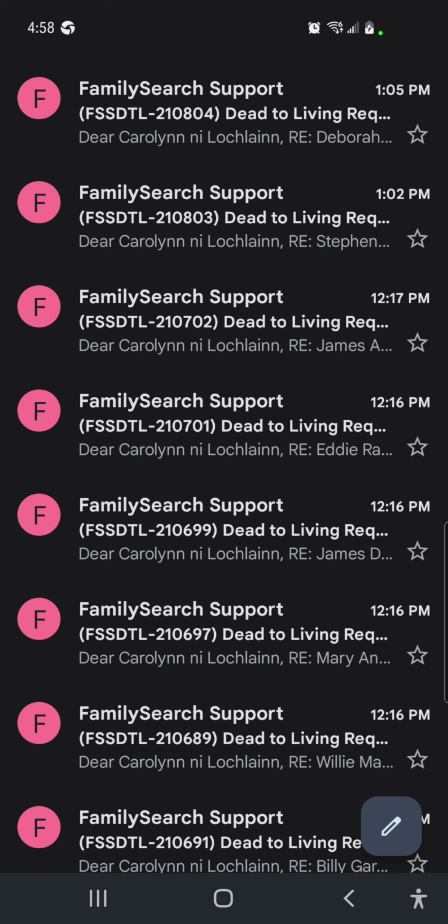This is something that FamilySearch is getting really good at. And it may be because telephone support has been withdrawn and Zoom support has been substituted. It could be that they've hired more people. I kind of think that maybe they've redirected some people to do this work because it helps to make the accurate tree that we want.